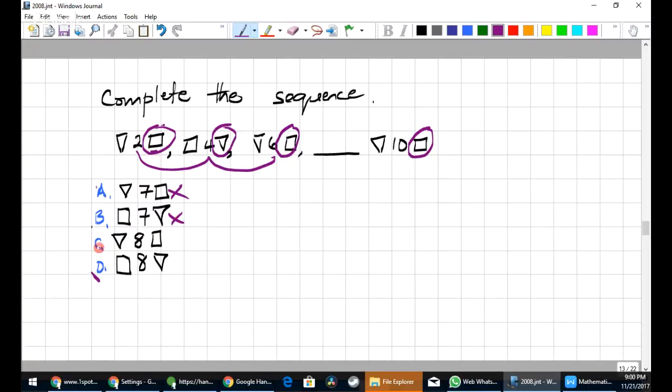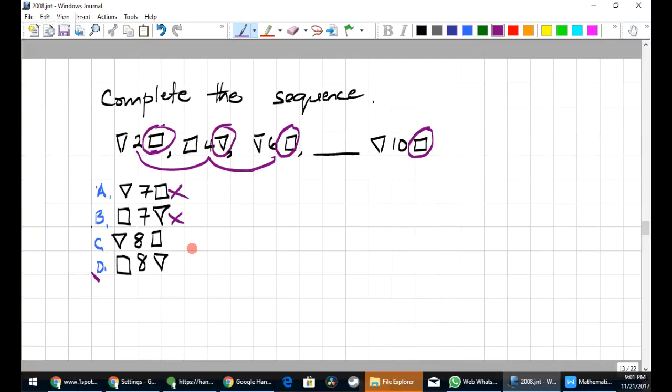Let's look at C. Why can't we use C? You said that we should use D. What's the reasoning?